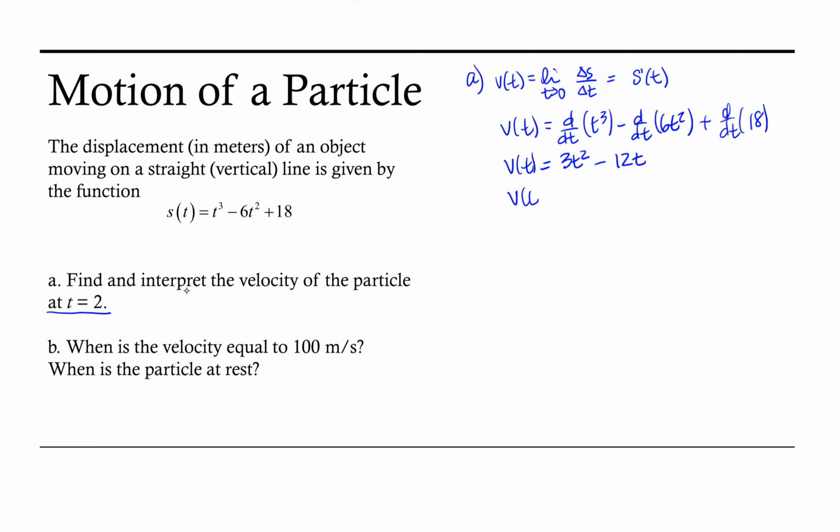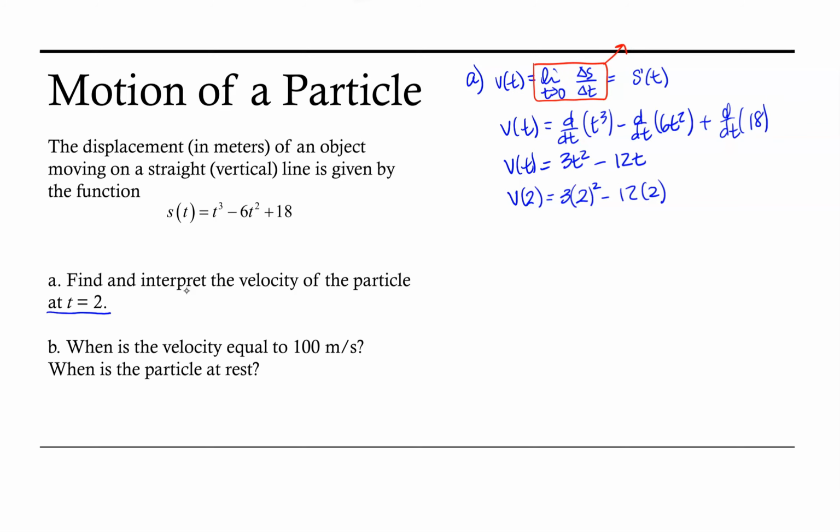So velocity at time 2 is going to be equal to 3 times 2 squared minus 12 times 2. Now let's go back up and look at this definition here for velocity.